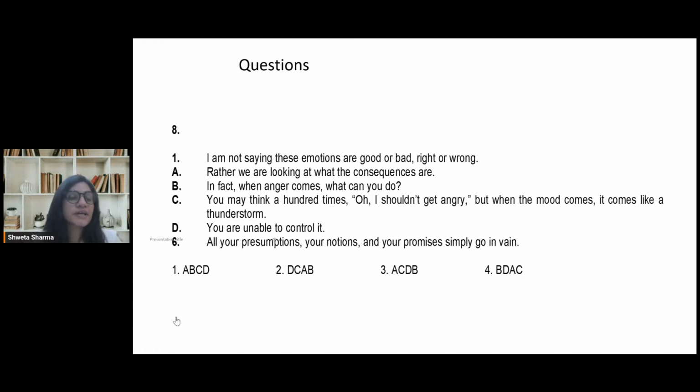So this is a little tricky and a little different question. You have the first and the last sentence fixed for it. And the middle four sentences are the ones which you have to unjumble. Okay. Try to find the pairs with question number 1 and 6.